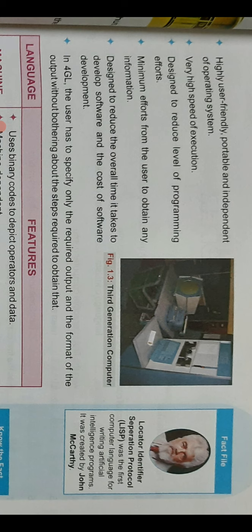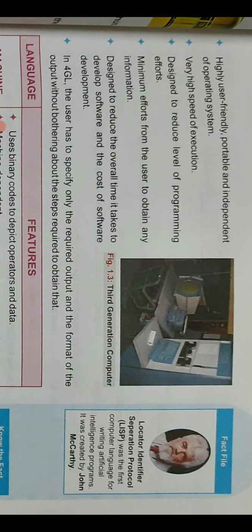Fourth generation languages are closer to human language than any other high level languages. The earlier languages are not so close to human language, whereas fourth generation language is more familiar to it.